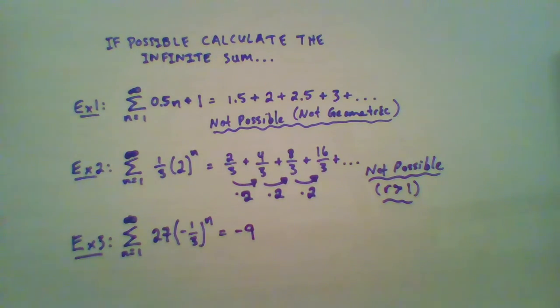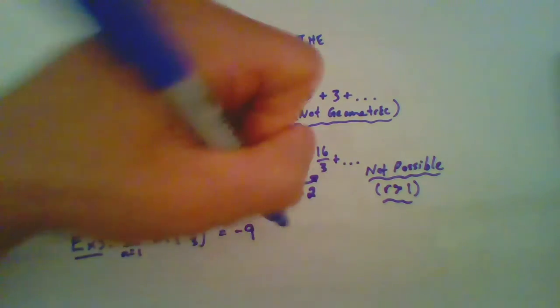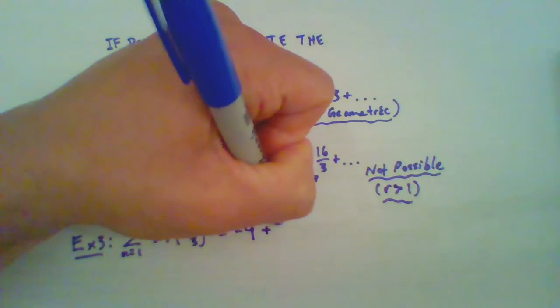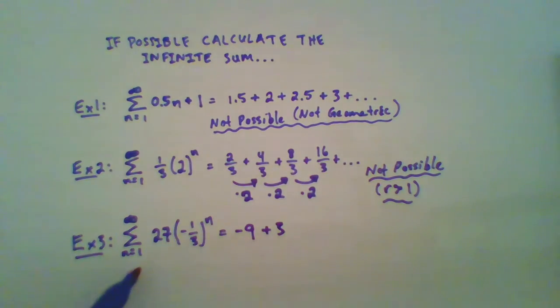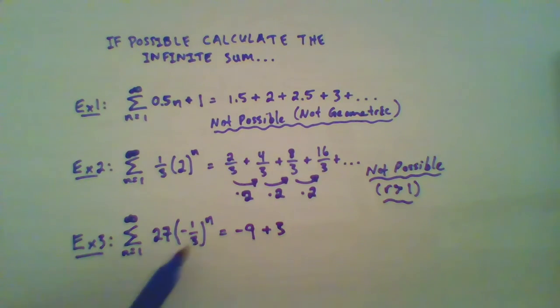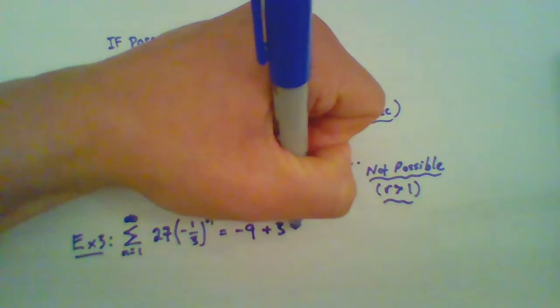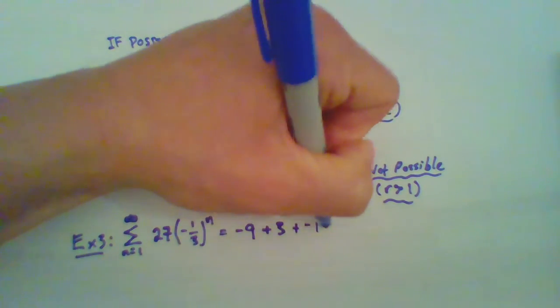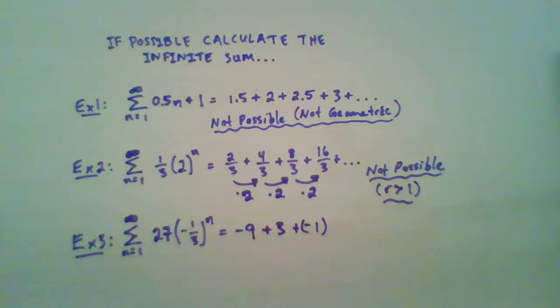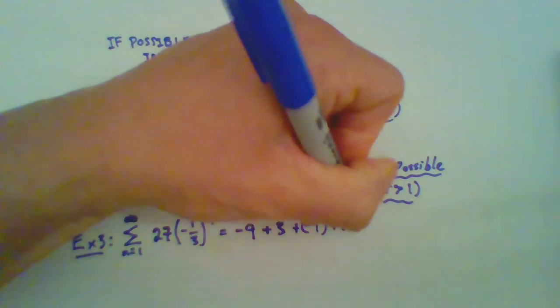So 27 times 1/9 is 3. So now I add 3. If n is equal to 3, -1/27 times 27 is -1, so plus -1, and we could keep going.